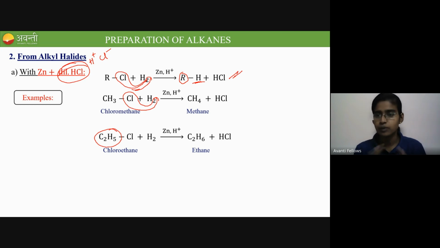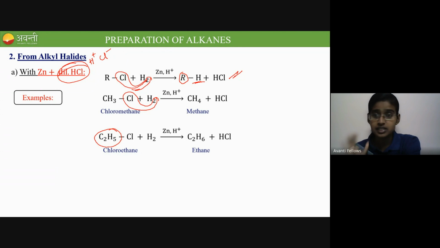Just study the general reaction. Whatever reactant is given in the question paper, you can write out the answer if you are thorough with the concept. Just read the conversion alone: if I am using this particular reagent, this particular reactant is getting converted to this particular product. In that way, you have to study.